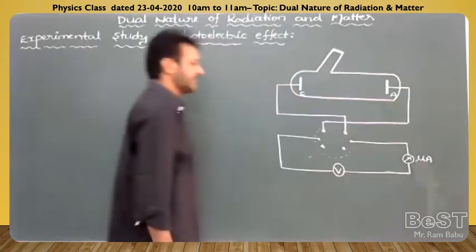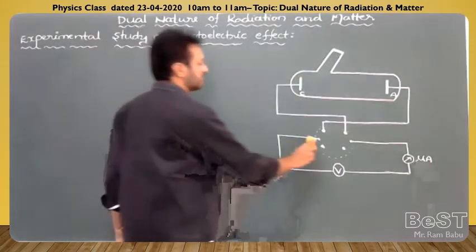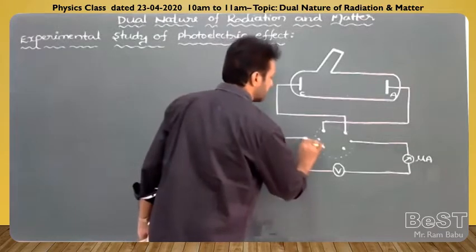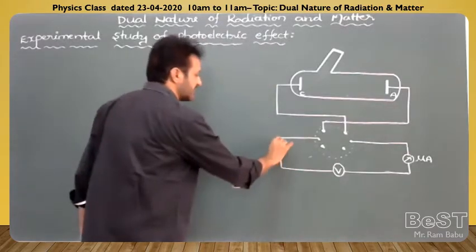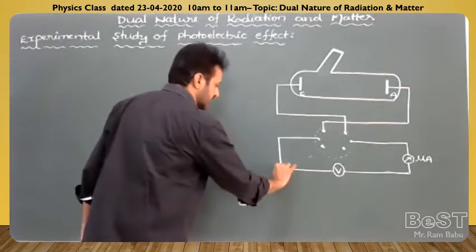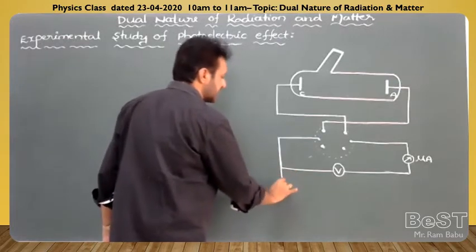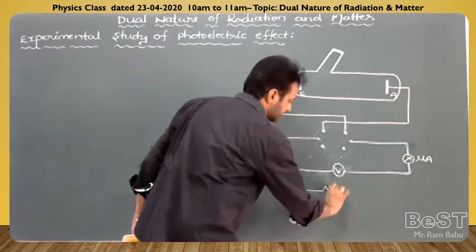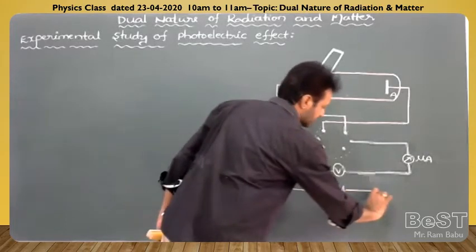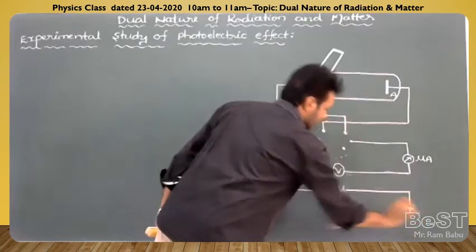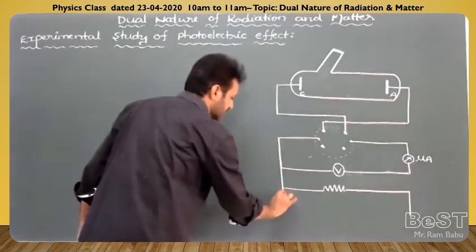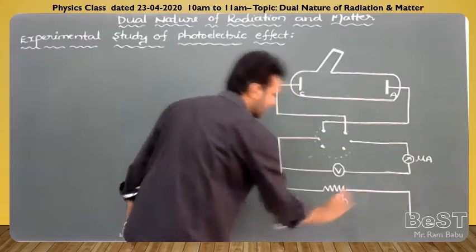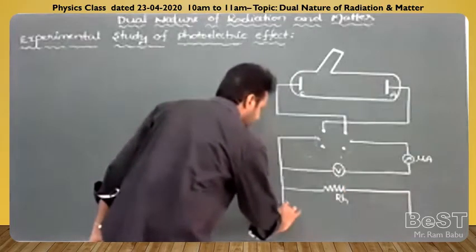Next, for applying a potential difference, we need to connect a battery, and also a potential divider like a rheostat. Here I am connecting a rheostat or potential divider, and we can use the symbol RH.